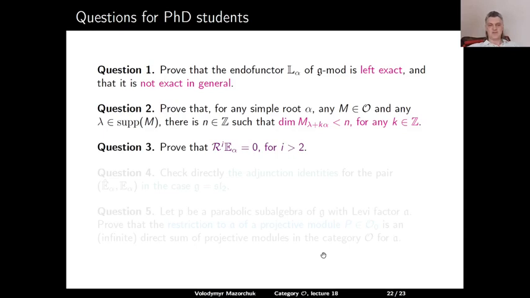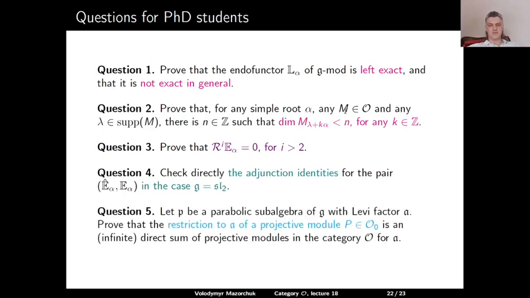Question number 3. Prove that the i-th homology functor of E alpha is 0 if i is greater than 2. Question number 4. Check directly the adjunction identities for the pair E alpha hat, E alpha in the case G is equal to SL2.